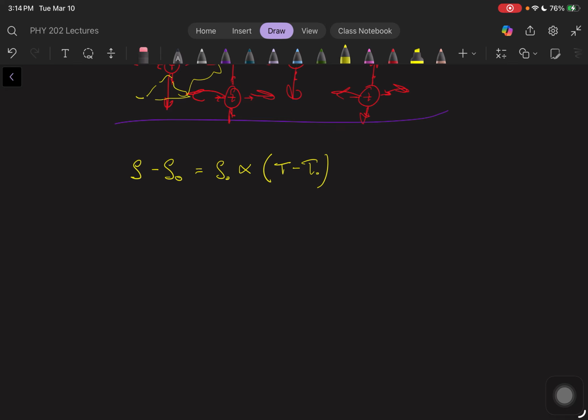Oftentimes T naught is going to be room temperature, and so then rho naught is the resistivity at room temperature. Then if you're at some elevated temperature T, you can find the resistivity, and then you can find the resistance using this. Cool.